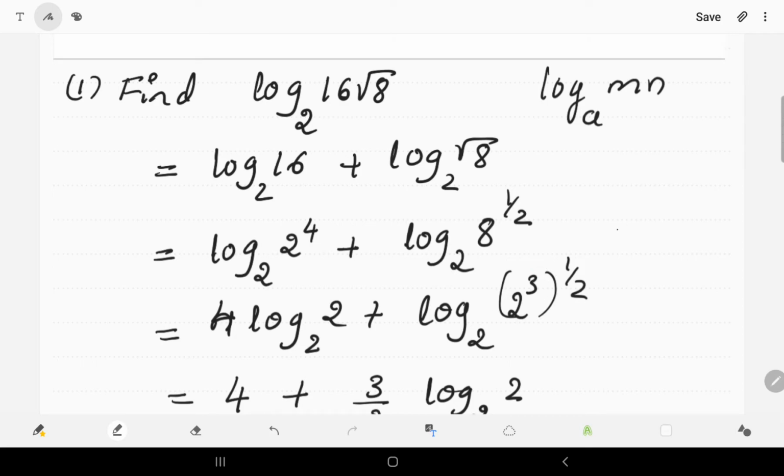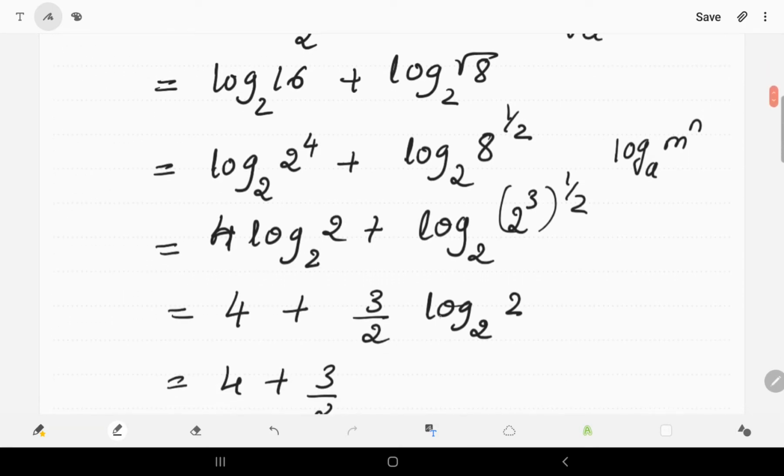And we know one more, log of m to the power n to the base a is equal to n log m. So it is equal to 4 log 2 to the base 2 and 3 by 2 log 2 to the base 2.